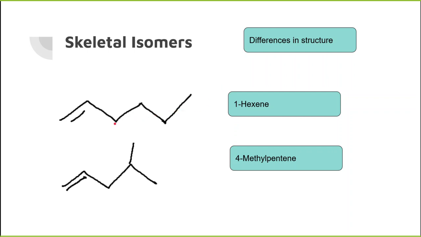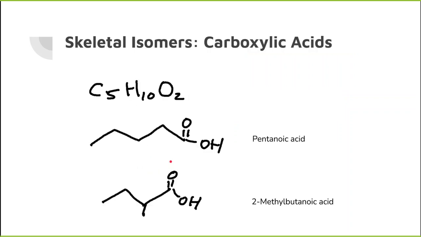And we also had skeletal isomers, differences in the structure. So this is 1-hexene, but this is 4-methylpentene, because one of the carbons got pulled out and is now a functional group.